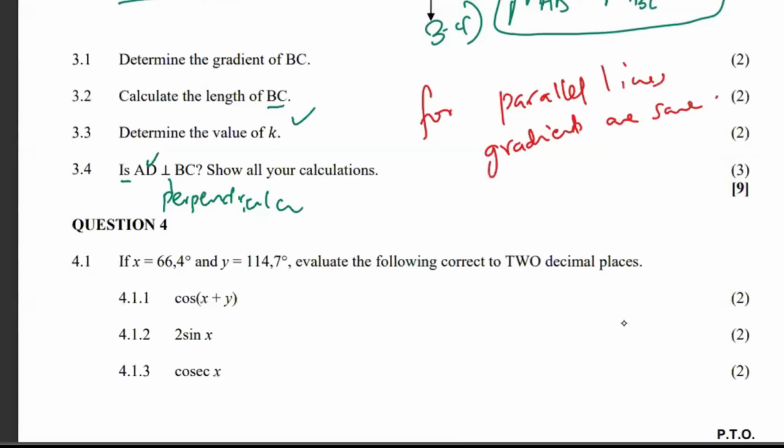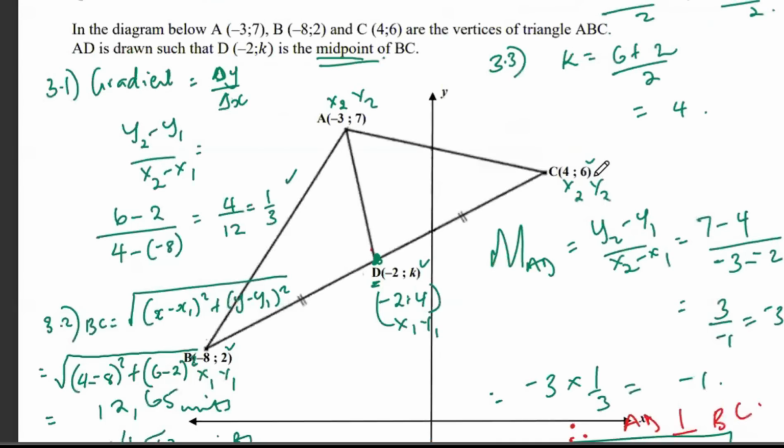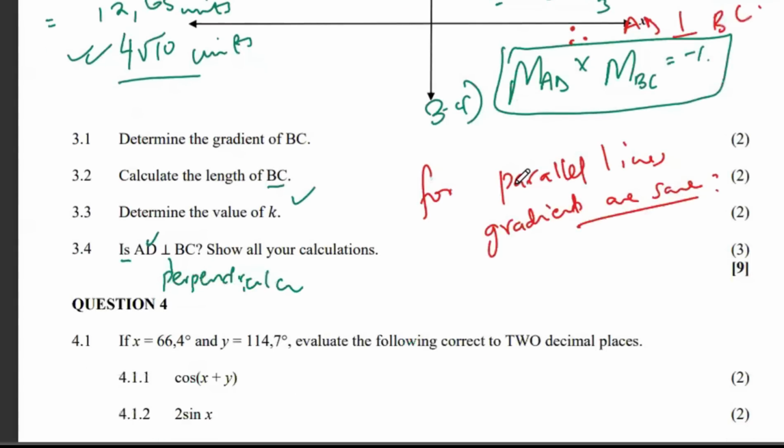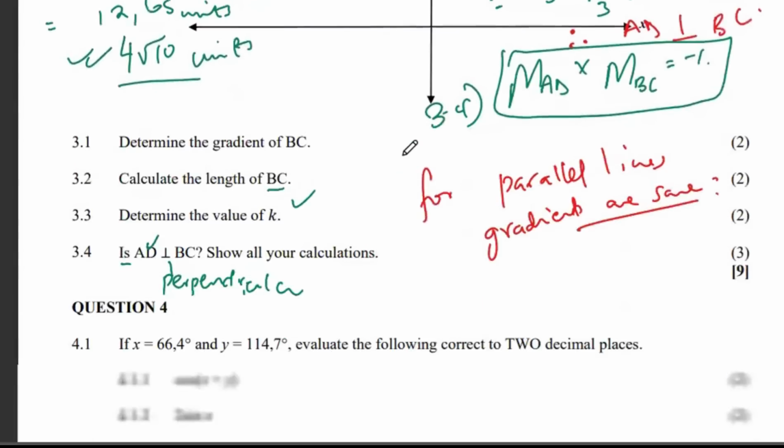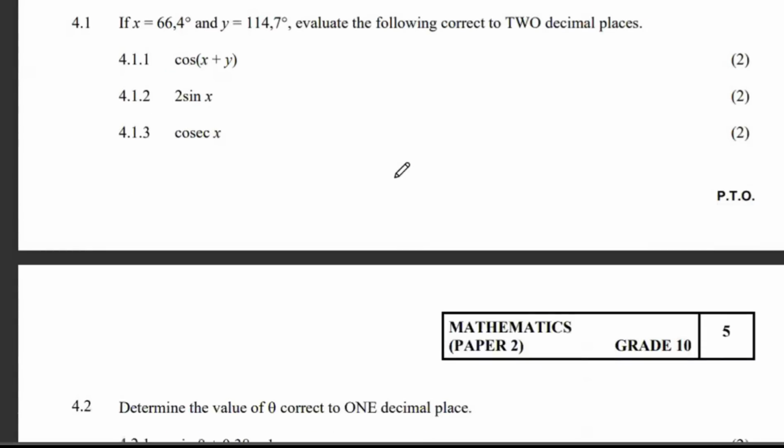We could also use other figures or shapes. Let's say we give you a rhombus or a parallelogram, and then apply such properties. So we just need to remember the properties of most of those 2D shapes as we work out our analytical geometry. All right, then question number 4.